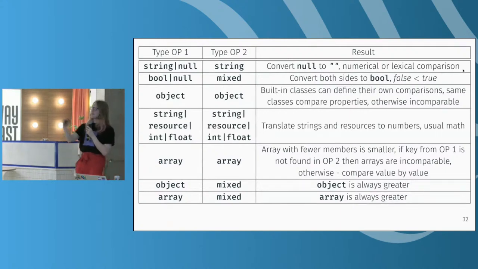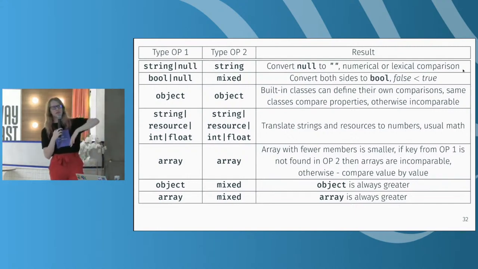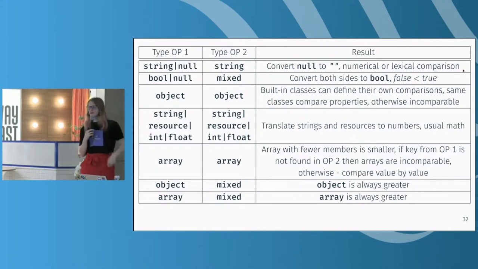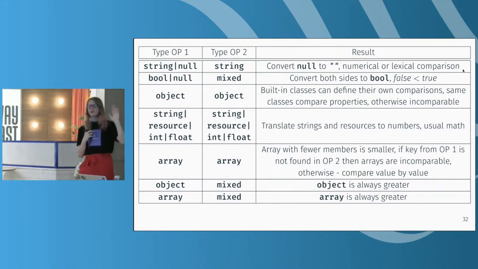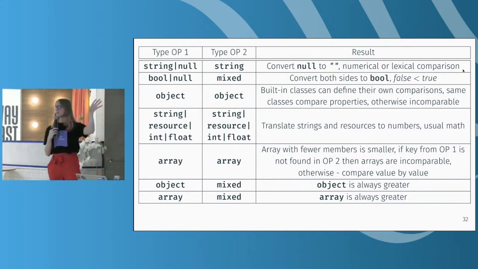So this table I've copied from the documentation tries to explain how different types get compared to each other. So yeah, null gets converted to an empty string if you try to compare it with a string. Bool and null with anything else converts both sides to a Boolean, and then false is less than true, because apparently Booleans have an order. Objects and built-in classes can define their own comparisons, so you can actually compare DateTime objects with this.